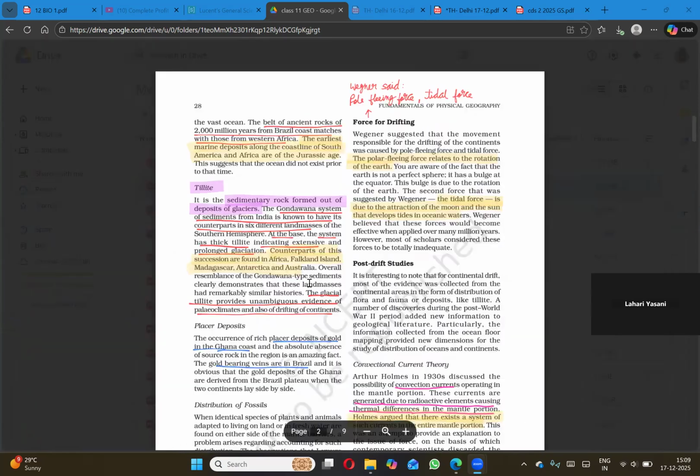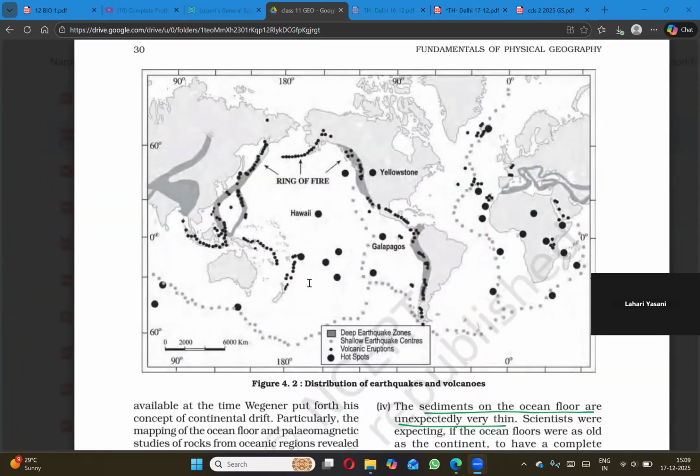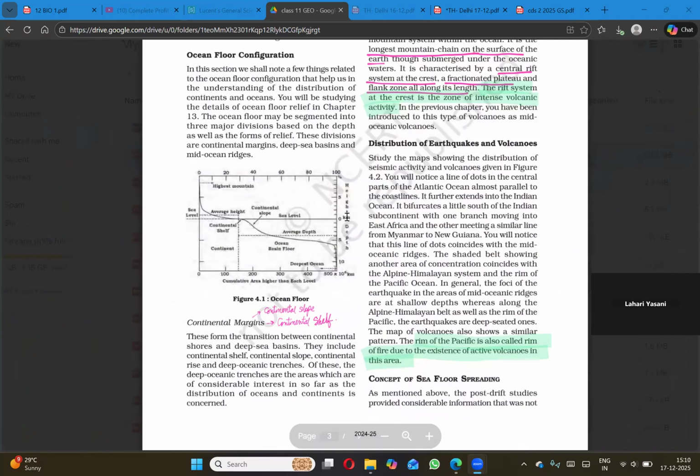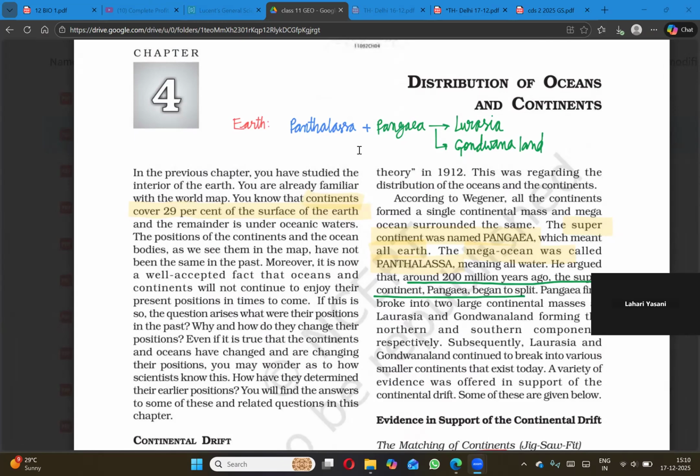If you see this map, this is the current spacing of the continents around the world, but it hasn't been the same before. Before it was like a giant landmass called Pangaea, surrounded by Panthalassa, the oceanic water. So we'll learn about that.